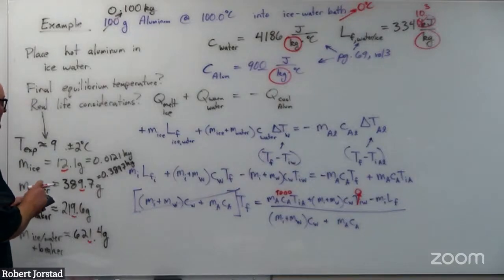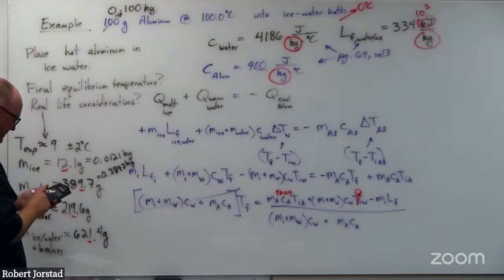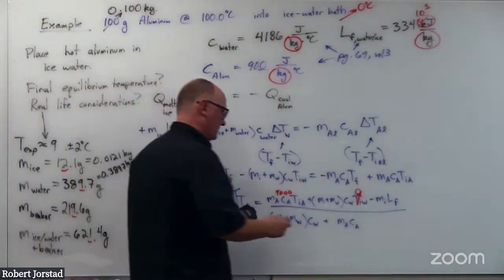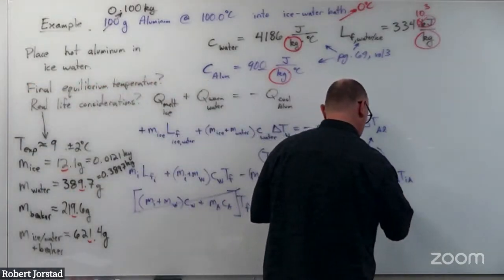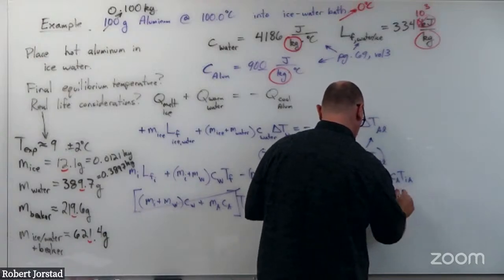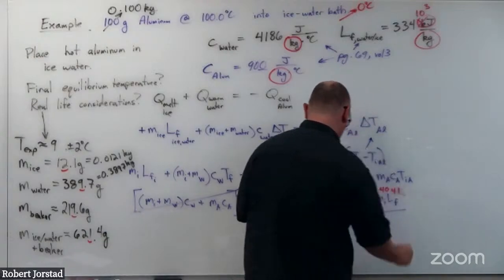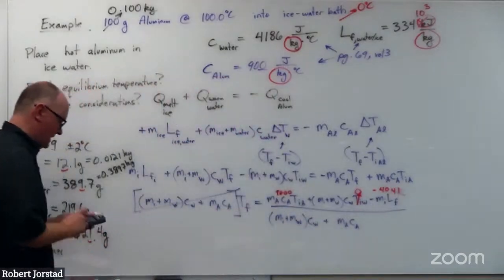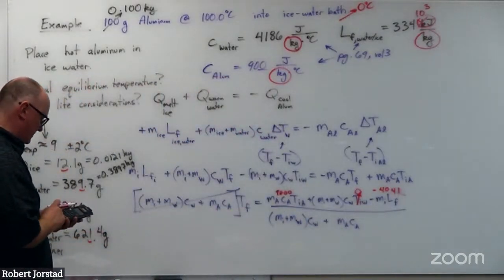0.0121 times, what was it? 334 E3. So that's 4,041. Let's get these numbers on the board.